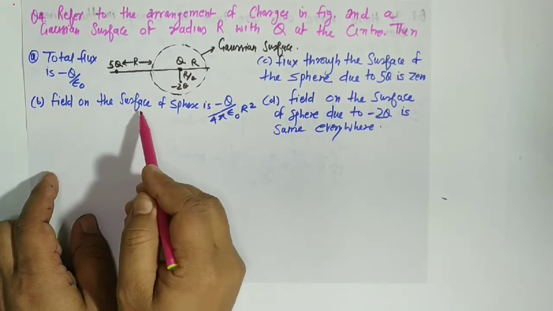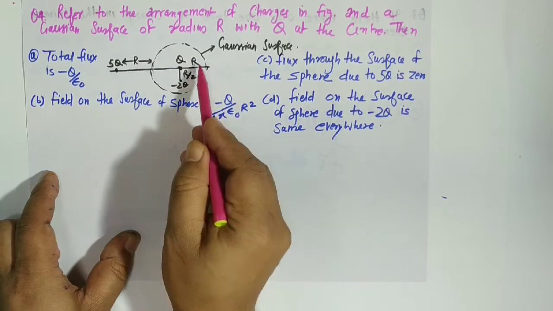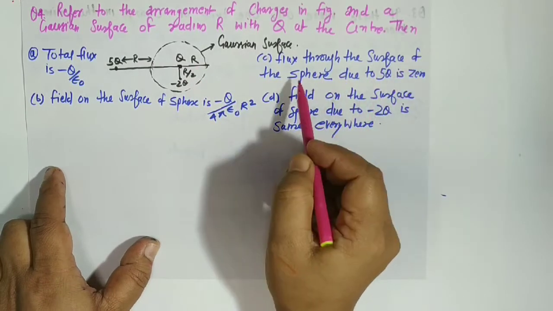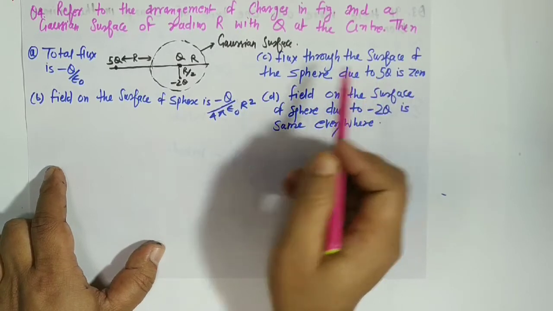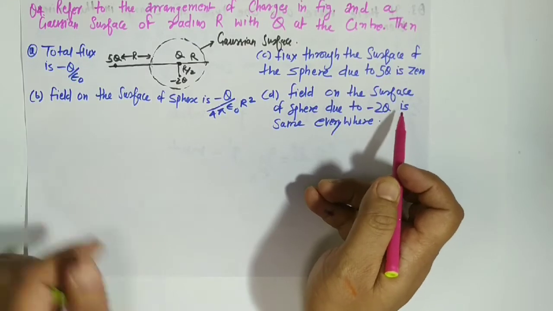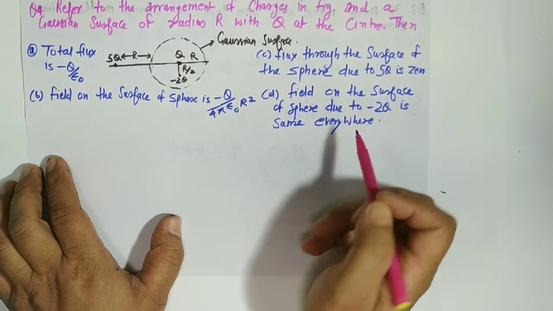B option is field on the surface of sphere is minus Q by 4 pi epsilon naught r square. Field means electric field. C option is flux through the surface of the sphere due to 5 Q is 0. It's outside. And D is field on the surface of the sphere due to minus 2 Q is same everywhere.